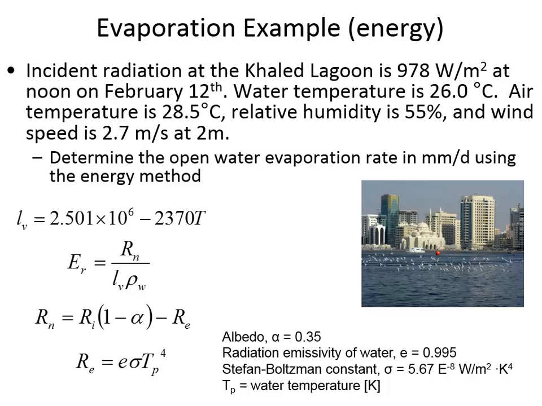The incident radiation, R sub I, is 978 watts per square meter.